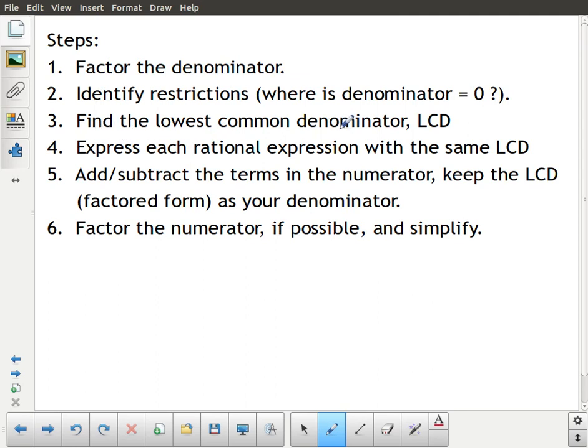Finding the lowest common denominator, express the rational expression as a single expression with the same lowest common denominator, perform your algebraic operation, addition or subtraction, and then if possible, we're going to factor the numerator and simplify with the common factors between numerator and denominator. This won't happen very often, but when it does happen, it's very important to catch it.